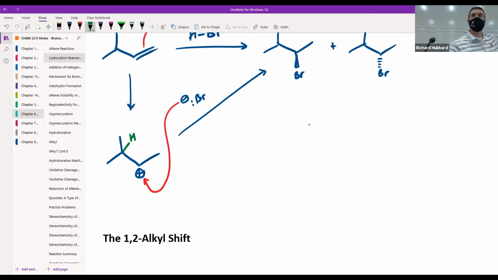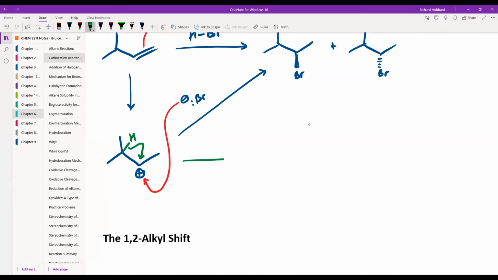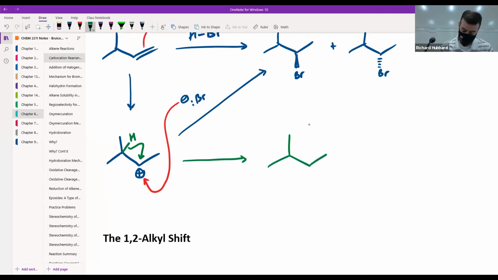But this one, if I shift this over, and let's do it just like that, right? So I'm drawing it straight from the middle of that carbon-hydrogen bond. What type of carbocation am I making now? A tertiary, exactly, right? So I do my hydride shift. And there's my tertiary.